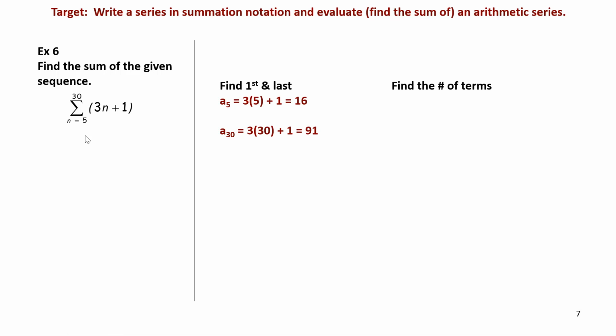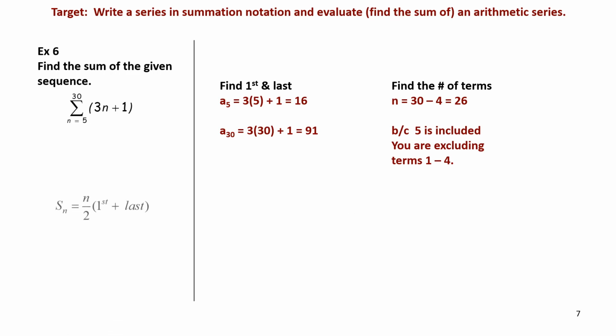So really what I'm saying is I'm missing the first 4 out of 30 terms, which means that there's actually 26 terms here. We are excluding terms 1 through 4, which means I take 4 away from the top number. Okay, hopefully that makes sense.